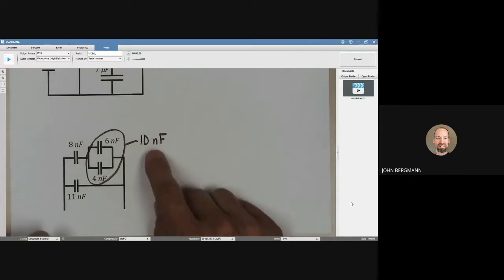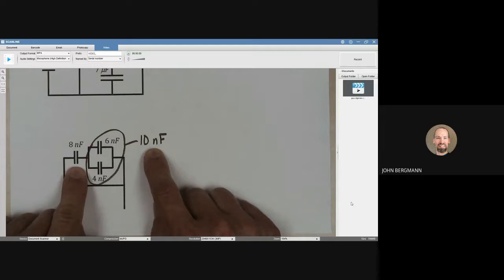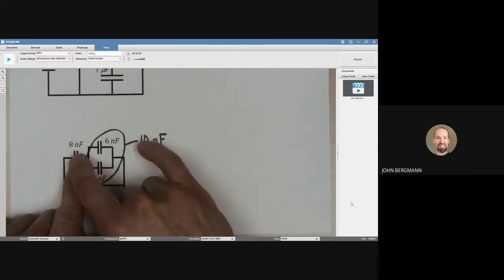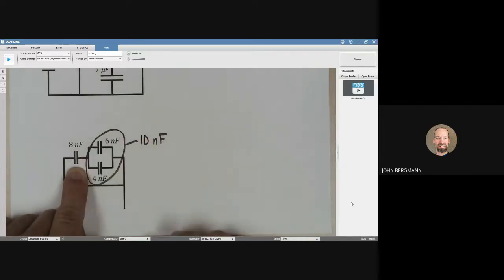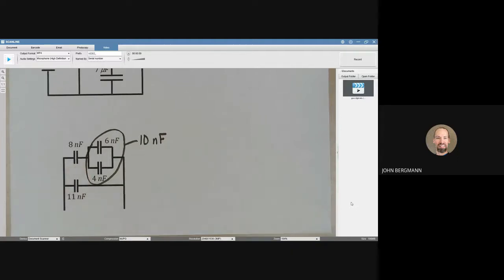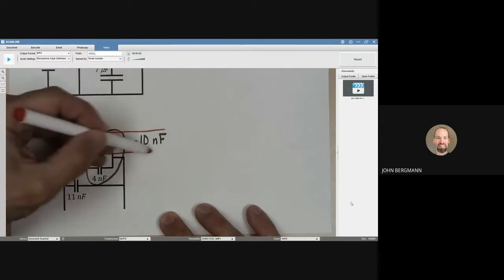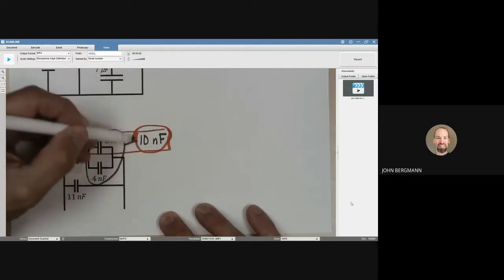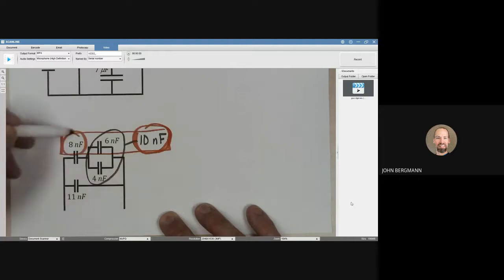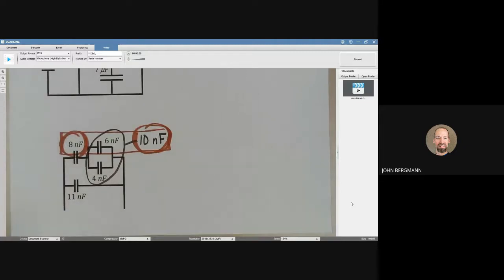Now, that imaginary 10 is in series with this 8. So now if we tore out both of those and just put one in its place, what would we have for that capacitance? In other words, if we took these two right there, which are in series, if I just put one there, what would it be?